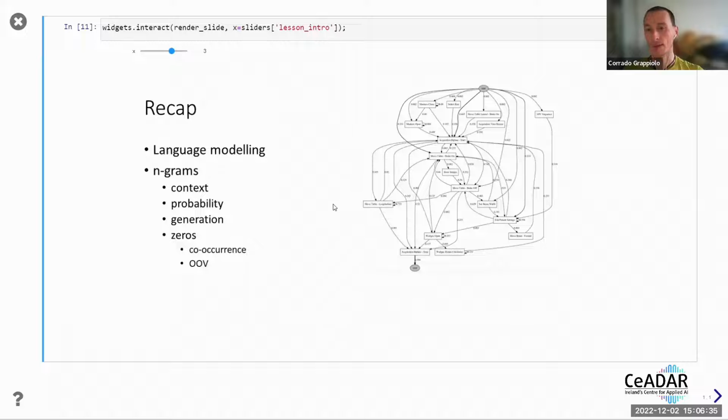So what happens when we calculate the probability of a sequence of words and we get a zero? So what happens within the n-gram approach. We also saw the relationship between a corpus and the modeling, and the influence that the size of the history has with respect to generalizing, calculating probabilities and generating text.